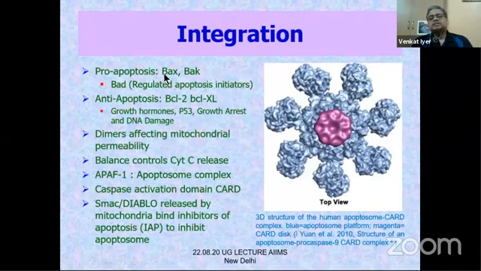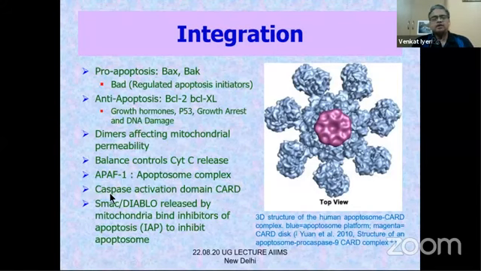All of these, BAX, BAK, BCL2, typically form oligomers or dimers, and these dimers affect the mitochondrial permeability. So BCL2 stabilizes the mitochondrial membrane by forming BCL2 dimers, whereas if a BAX BCL2 dimer is formed, it doesn't stabilize the mitochondrial membrane, opening the pores and causing release of cytochrome C, which, as you know, is a part of the electron transporter.